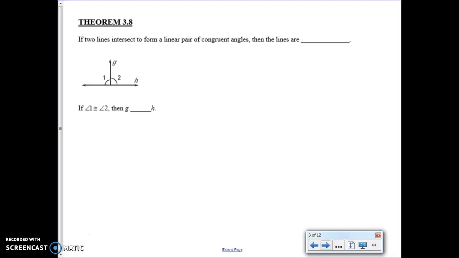So that forms a right angle, which means that the two lines are perpendicular. And a reminder that our symbol for perpendicular is the upside down T. So G is perpendicular to H if angle 1 and angle 2 are congruent.